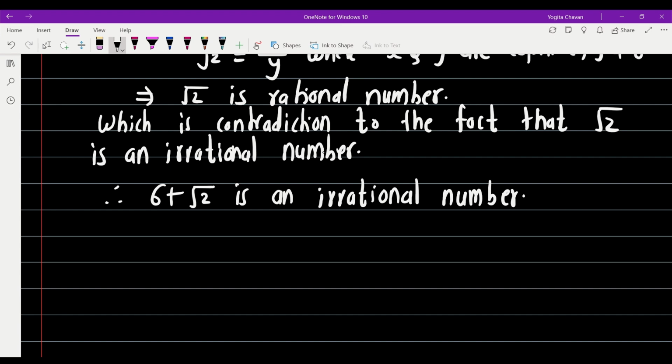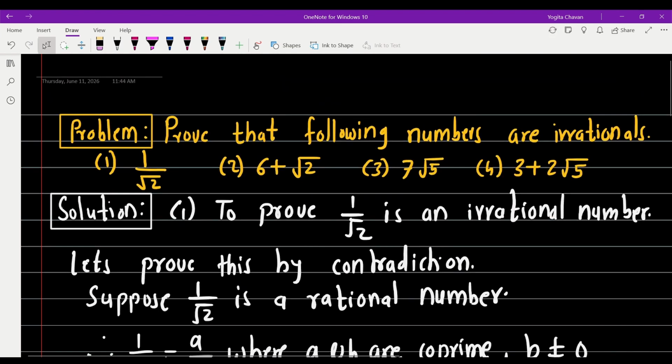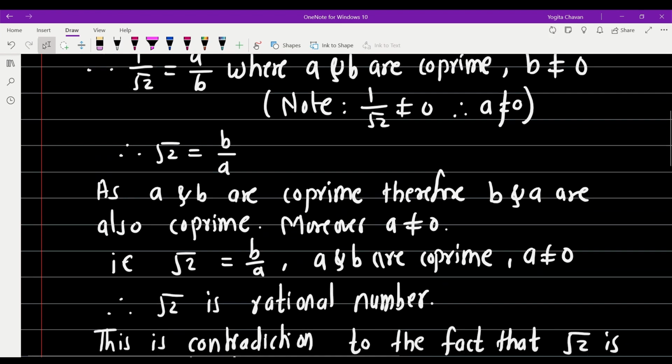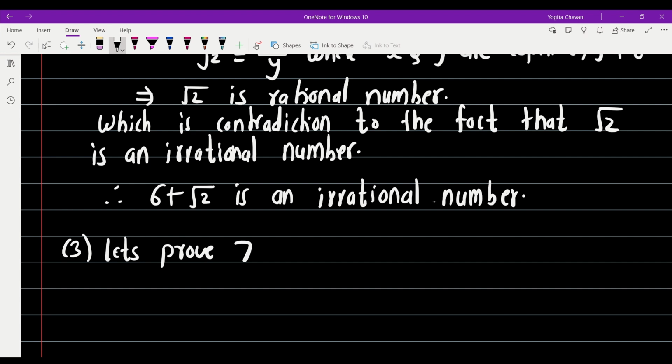Okay, now number 3. In number 3 we have to prove 7 into root 5 is irrational. So let's prove. Again proof by contradiction.